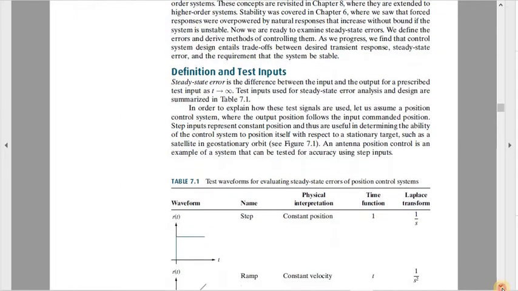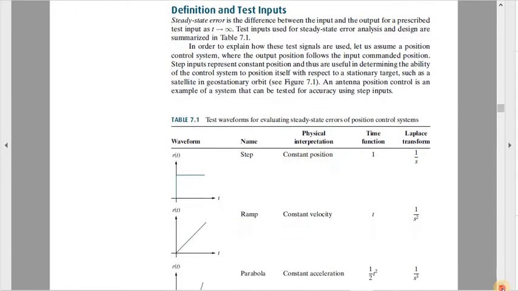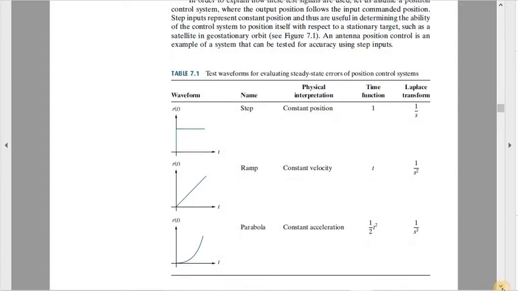Now let me go through this table and discuss it further. On the left side, we have waveforms, then a name, then the physical interpretation of these inputs, then the time function, and then the Laplace transform of that time function.